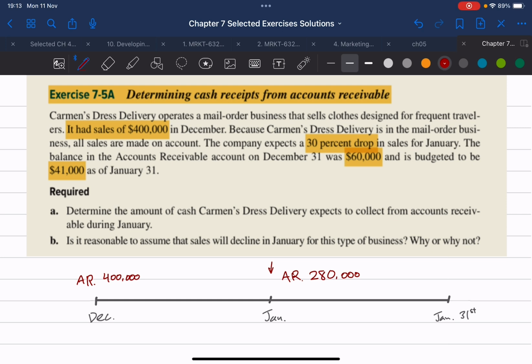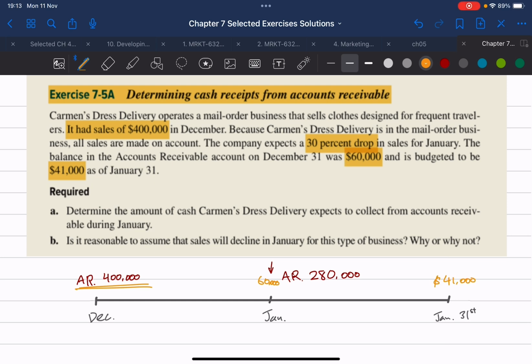So meaning that most of this amount here was collected, and the only balance that was remaining is $60,000. And then the last sentence in the data given says it is budgeted to be 41,000 as of January 31st. So the ending balance for the accounts receivable account is going to be $41,000.